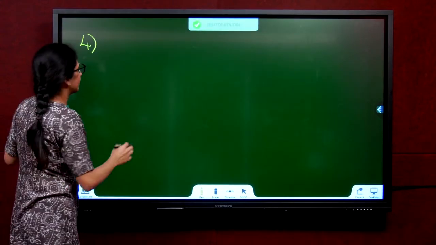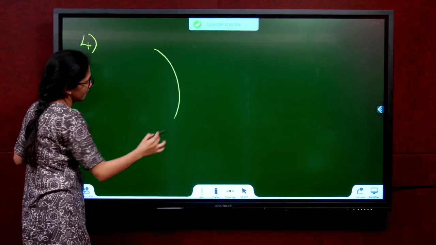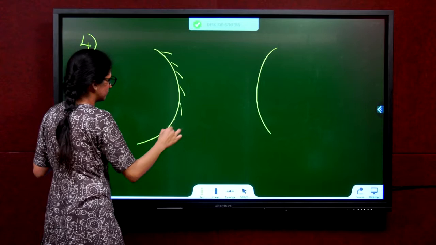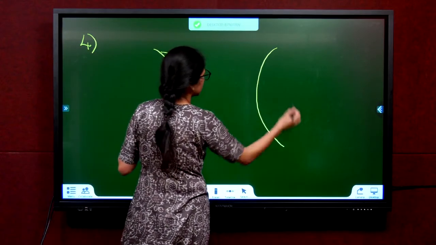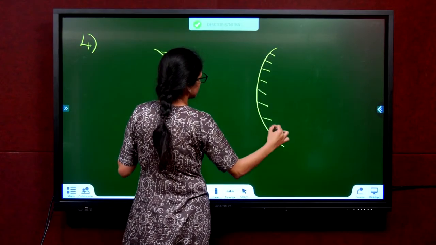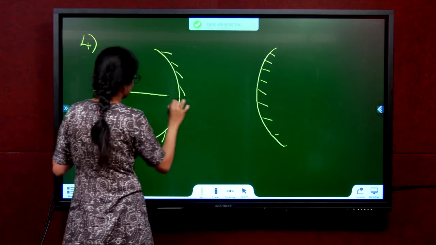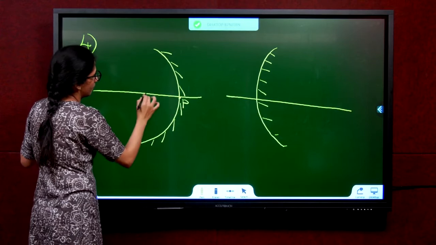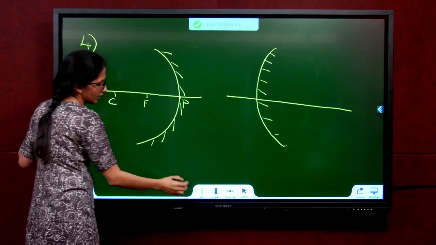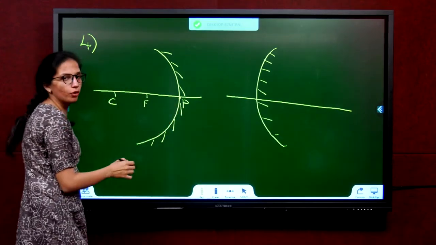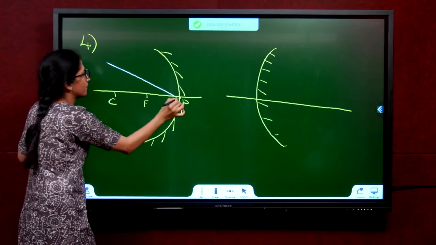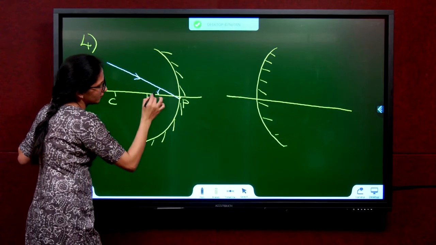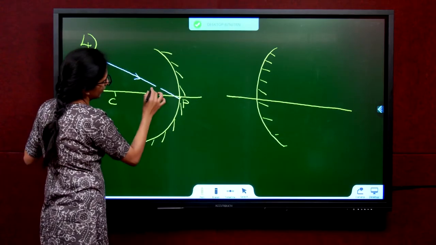The last kind of ray that we consider is a ray incident at the pole of the mirror. That means this ray hits the pole at some angle. So now we have to measure angle I. How do we measure angle I?